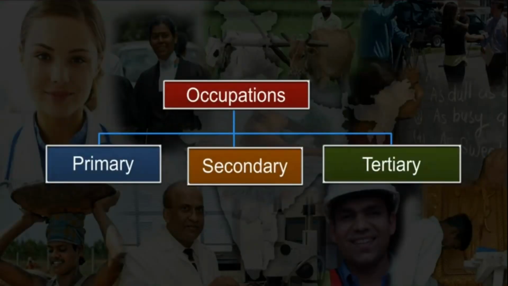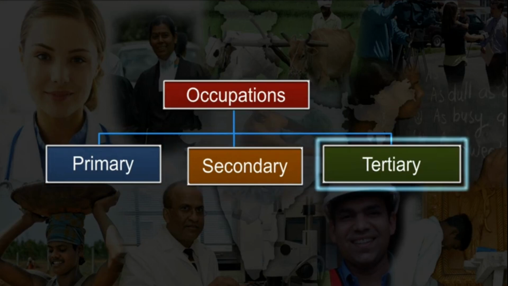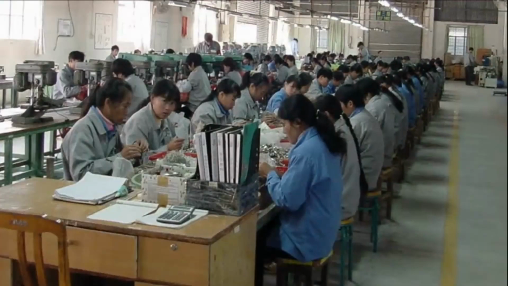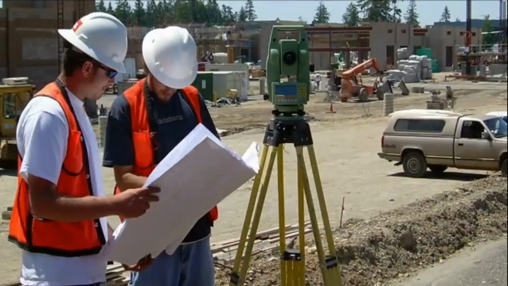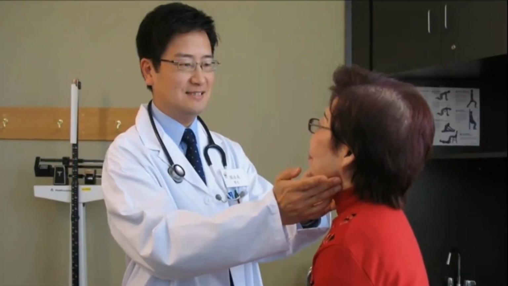The proportion of people working in primary, secondary, and tertiary occupations varies in developed and developing countries. You will notice that developed nations have a higher proportion of people involved in secondary and tertiary activities.